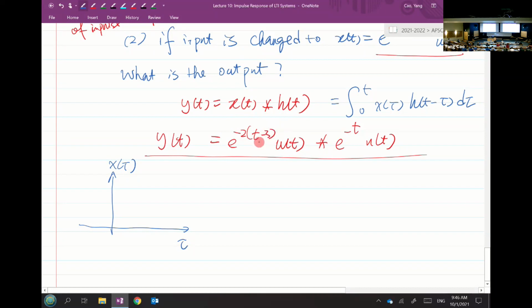Then what is the value at t equal to 0, or in this case tau equal to 0? You plug a 0 over here, so you get -2 multiplied by -3, so it should be e to the power 6. And the rest you can just simply draw as an exponential. That doesn't have to be very accurate, as long as you draw an exponential decay curve, that should be okay.